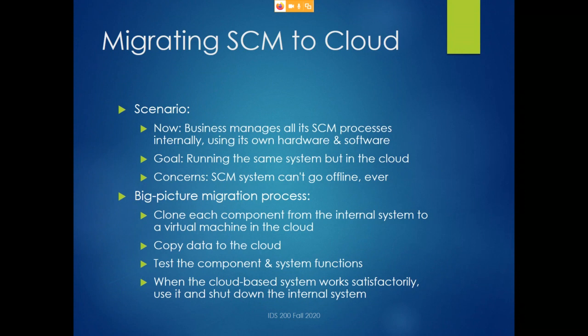You test that the components work correctly, the system as a whole works correctly, it's doing what it's supposed to, it's not crashing, and it's giving you correct results. When you're happy with how the cloud-based system works, then you use it and you shut down the internal system. So that's basically the process. You send the applications to the cloud, you send the data to the cloud, you test it. When it works well enough, you pull the plug on your internal system and start just using the cloud-based system.